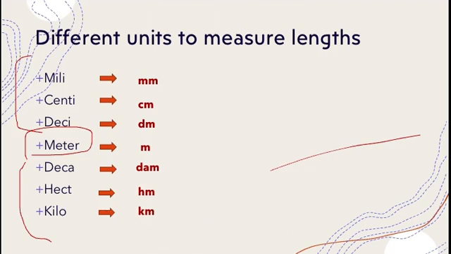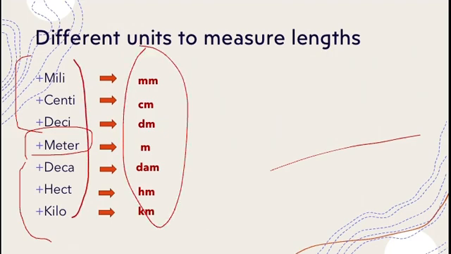Okay students, so these are the different units to measure length, and these are the short forms of these units. Now we see that millimeter is the smallest unit to measure length.